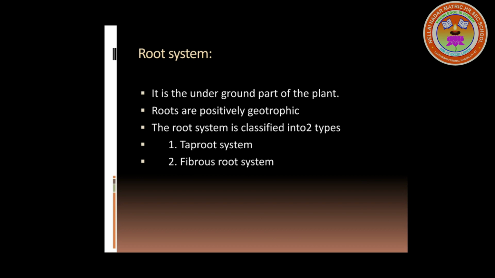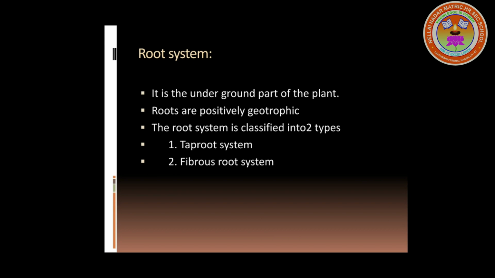Where do you see the shoot system and the root system? We see the root system below the soil and the shoot system above the soil. Okay, are you clear? Yes.